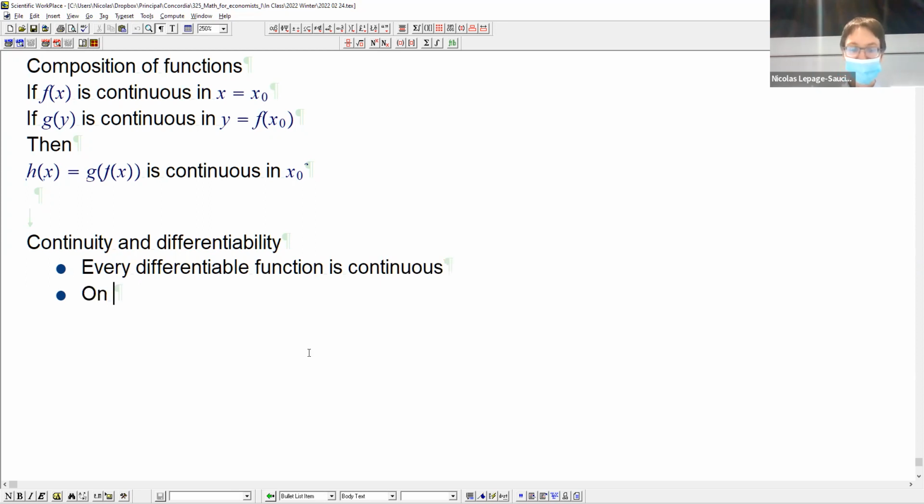On the other hand, not every continuous function is differentiable.